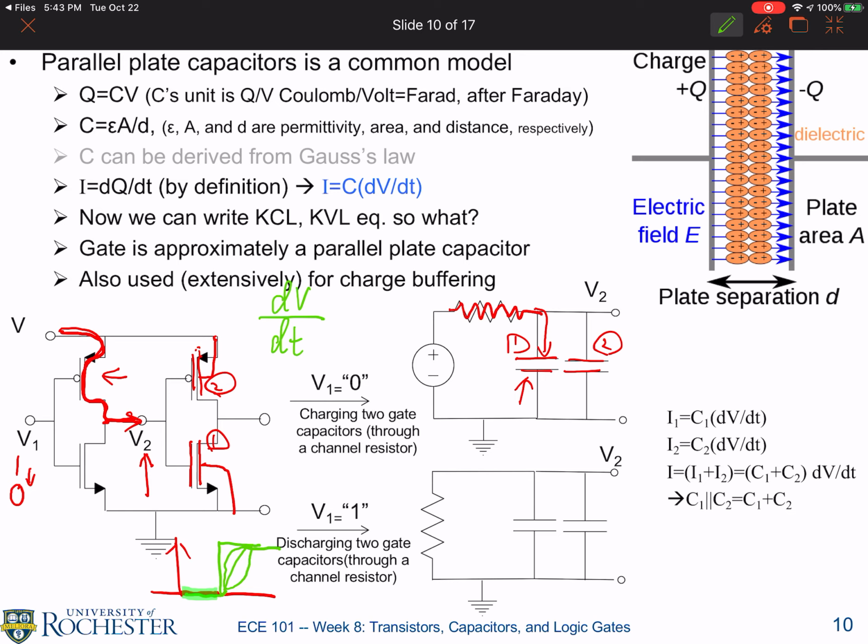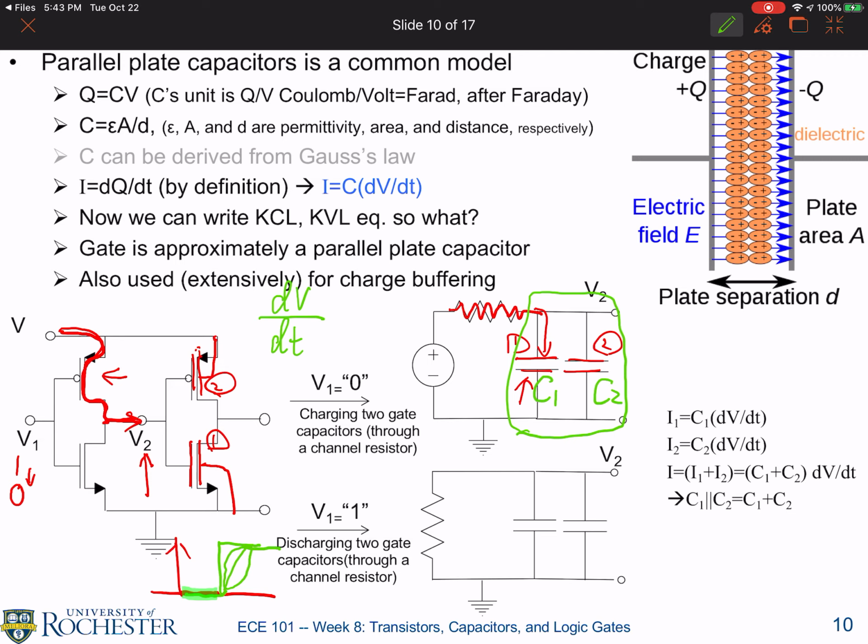But now we want to know, what happens if I have two capacitors connected in parallel? What is the effect of that? If this one has a capacitance of C1 and this one has a capacitance of C2, can I use one to replace them? The answer is yes, and it's just KCL, KVL.